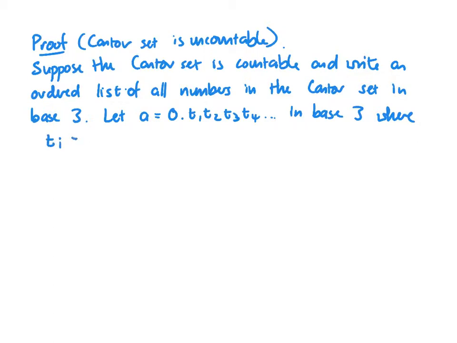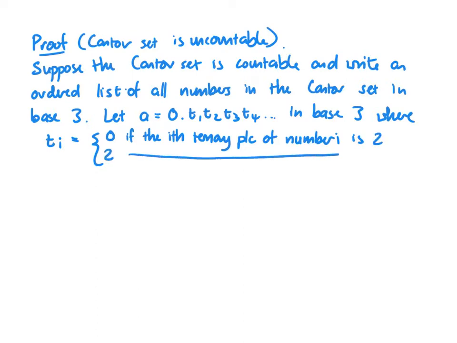T sub i, so this should look very familiar, is going to be 0 if the ith ternary place of number i in the list is non-zero, or I should just say 2. There are only zeros and twos that are appearing here, right? So I'm just going to say if it's 2, put a 0 there, and it's 2 if the ith ternary place of number i in the list is 0. And that's it. That's all we need here.